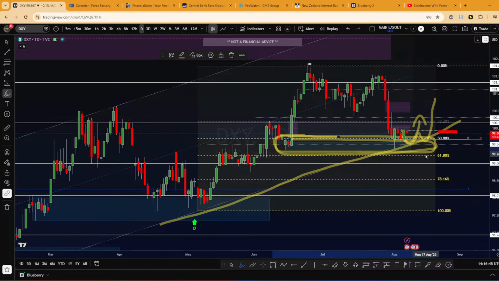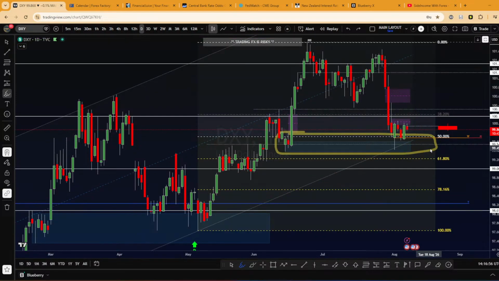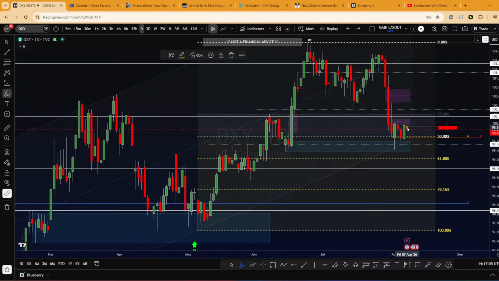This is if the NFP comes out strong. But if we get the opposite scenario, a weak NFP report, this could potentially weaken the dollar, and we could potentially see another drop, maybe towards this level right there.